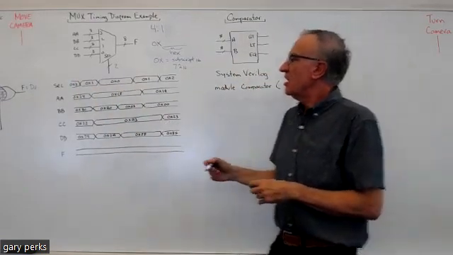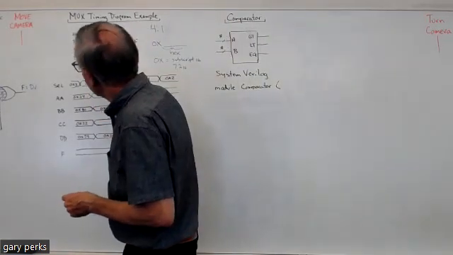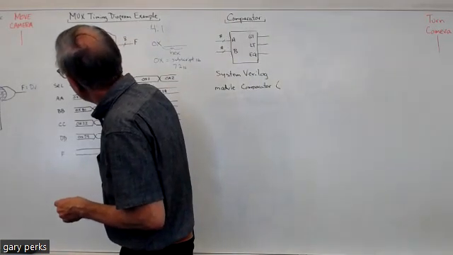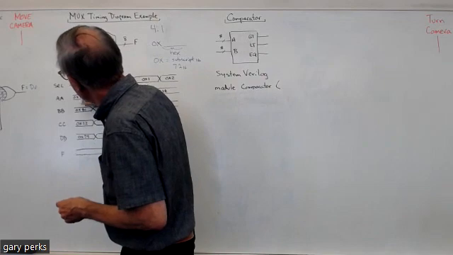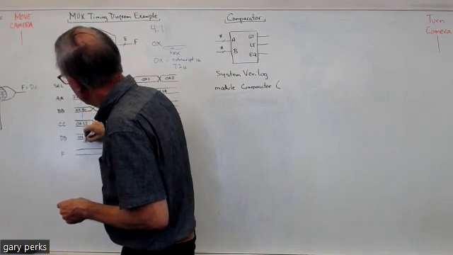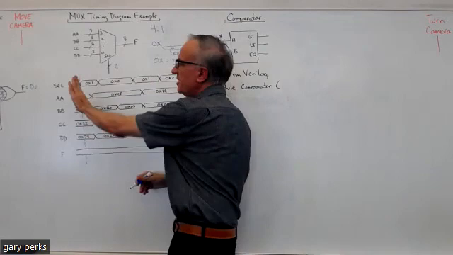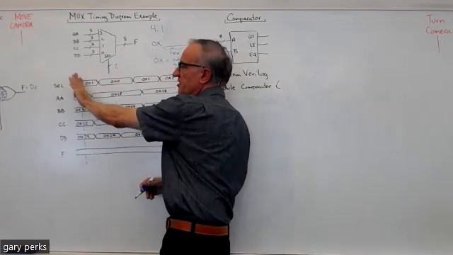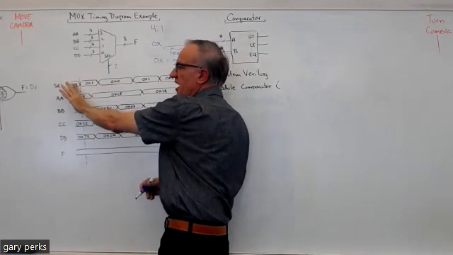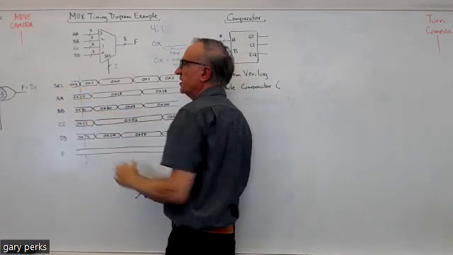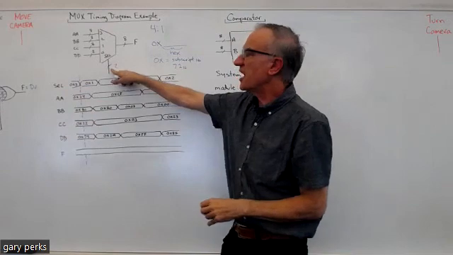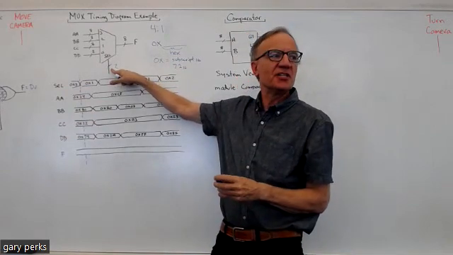Okay, so let's look at the time interval before this change in the select happens. So this time interval here where the select is 3, right? It's 0x3, so that means we have a 3 on our select input.